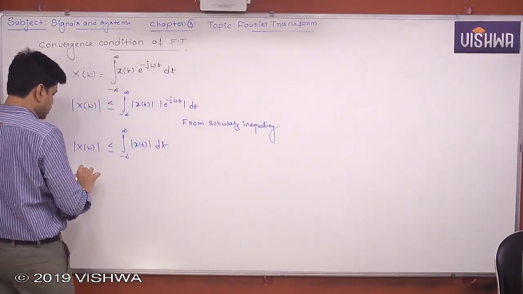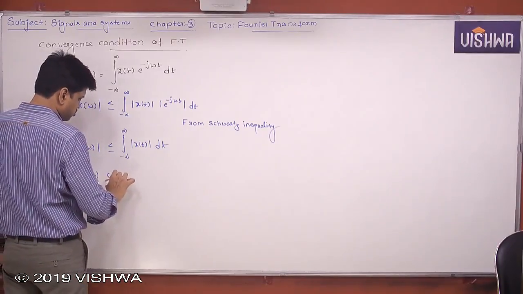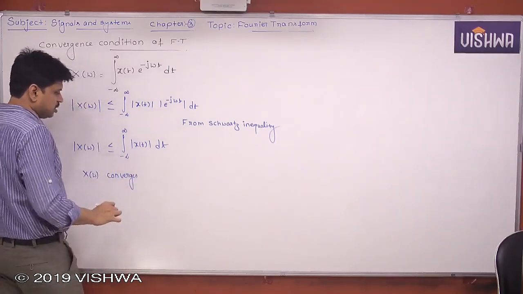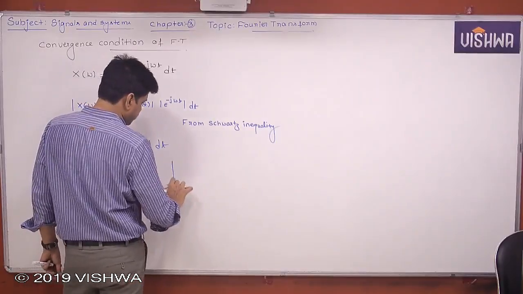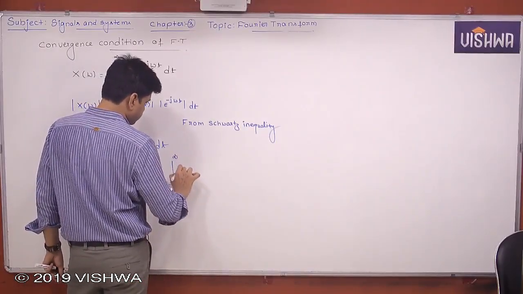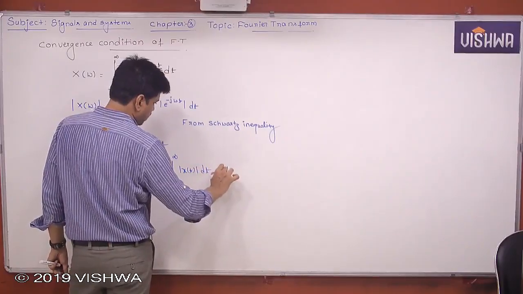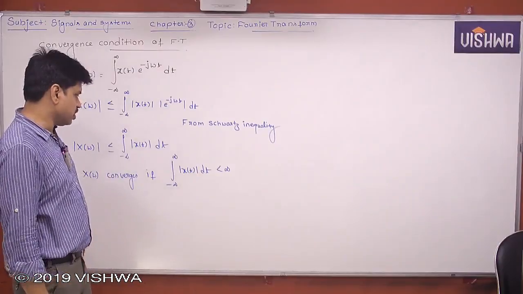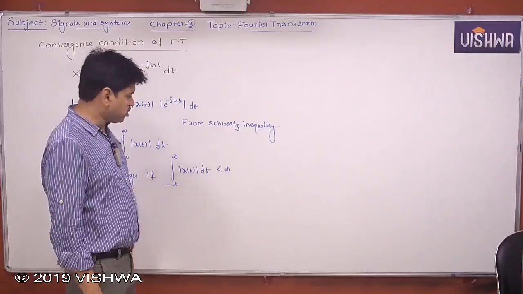So X of omega converges means this integral from minus infinity to infinity of mod x of t dt has to be less than infinity. That value should never go to infinity. Or simply, can I say x of t must be absolutely integrable.